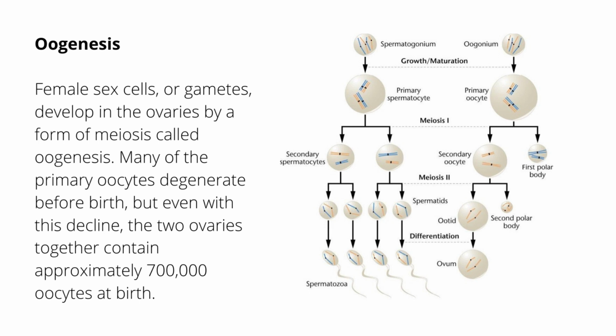And this is in contrast to the male who continues to produce spermatogonia and primary spermatocytes throughout his reproductive life. The number of primary oocytes has decreased to around 400,000 by puberty.